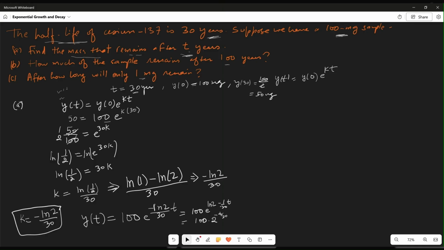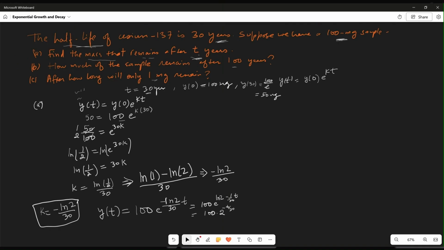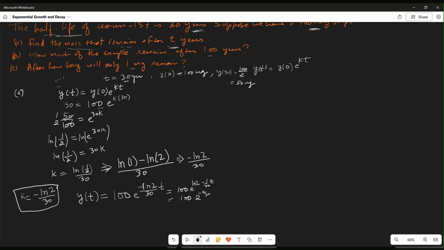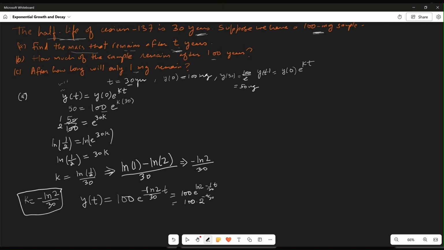So here is our equation: 100 times 2 raised to the power negative t over 30.